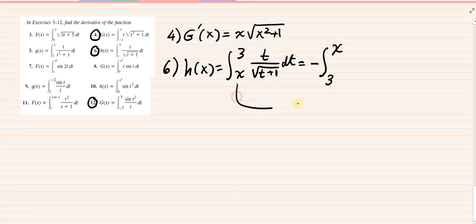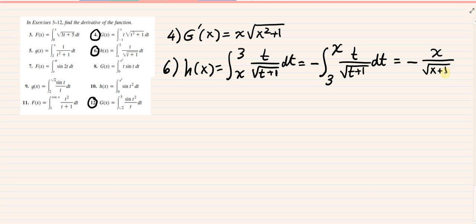So anytime we change the limits of integration, remember there's going to be a negative in front of the integral. Okay, so that's the offset. Changing the limits of integration changes the integral to a negative, and of course the integrand is unaffected by that. So this answer is going to be just negative, you replace t with x's, and there you go: x over square root of x plus 1.